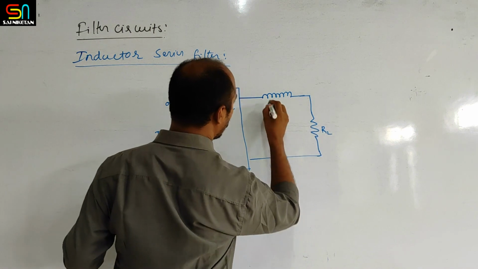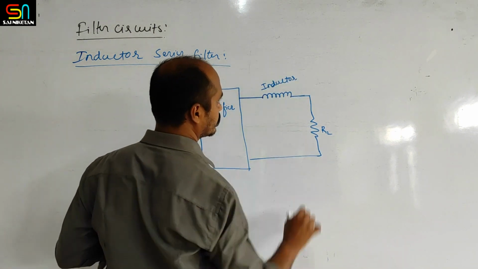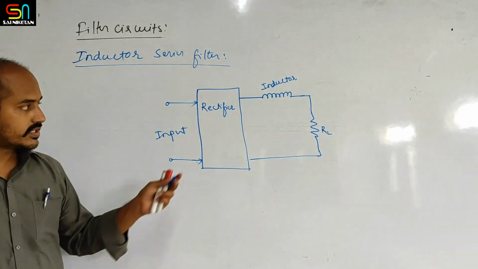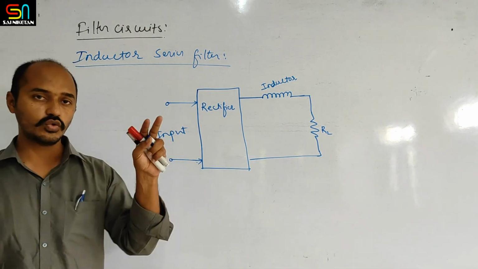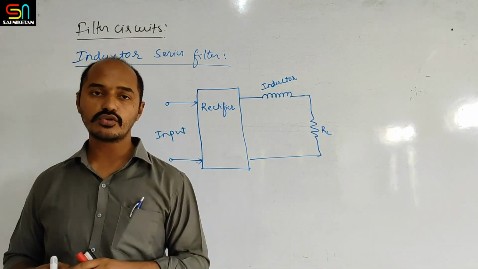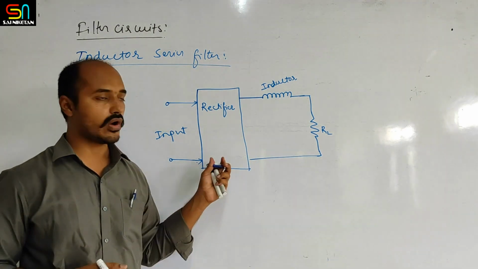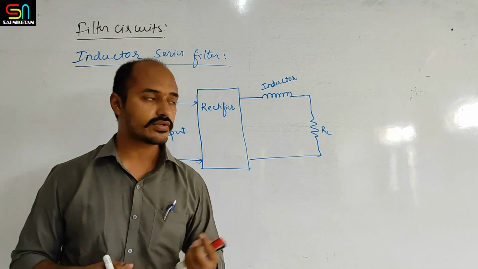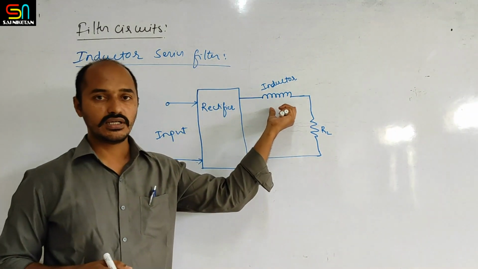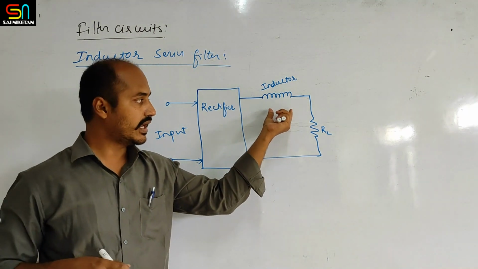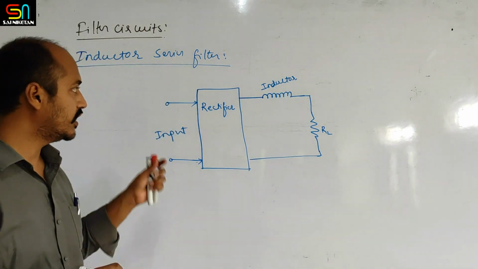This is RL and this is the inductor. So this is what the arrangement is. Here the rectifier, if it is a full wave rectifier, includes two diodes, and a center tap transformer. You can show that also, or simply you can see this figure. So here the inductor is a coil which is connected in series with the load resistance. So this is what the construction says.